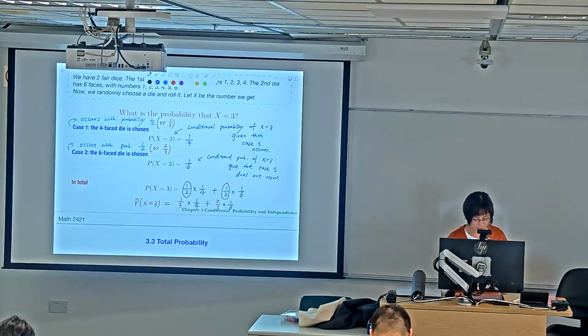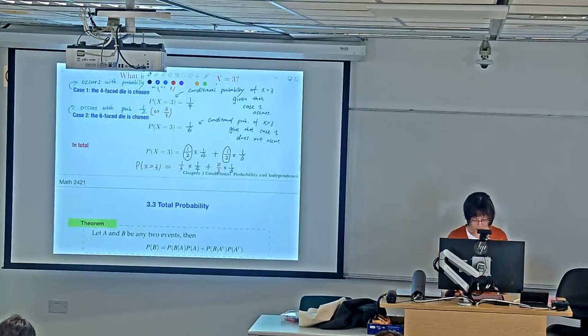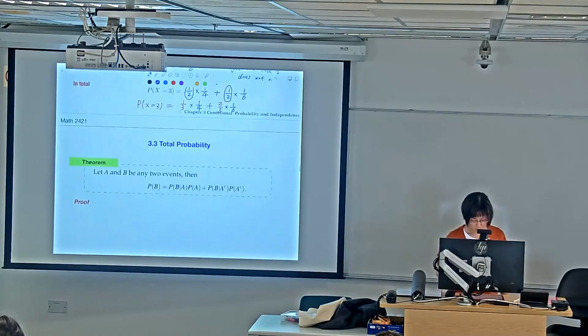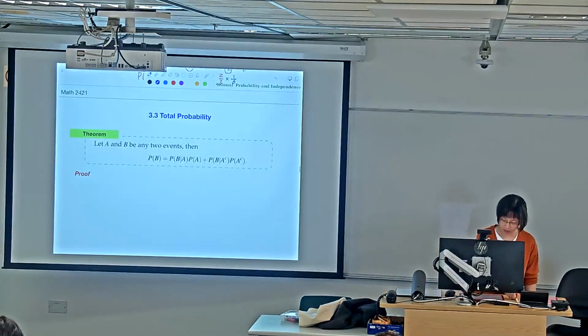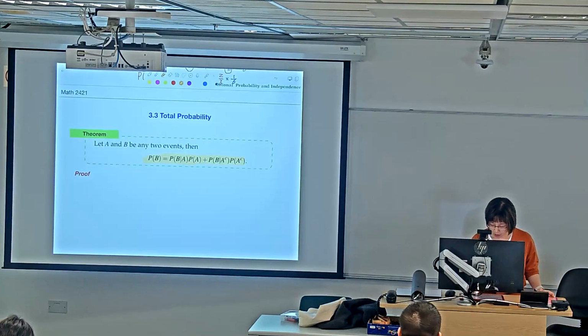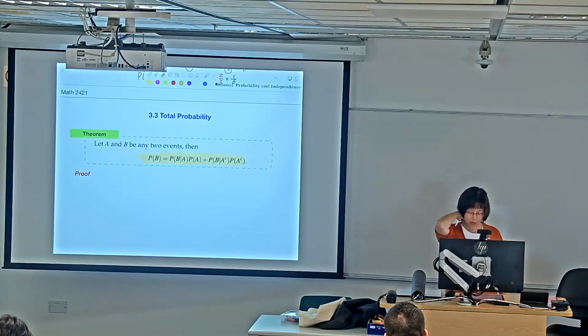Okay, so what we did here is we have derived this total probability formula. The formula says, if you have 2 events A and B, then the probability that B occurs can be computed as the probability of B conditional on A times the probability of A, plus the probability of B conditional on A complement times the probability of A complement.